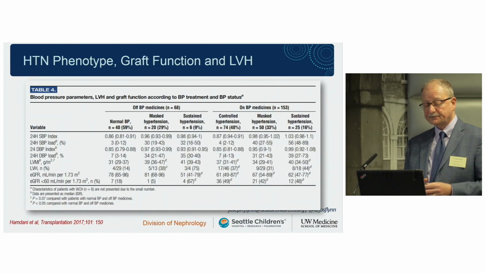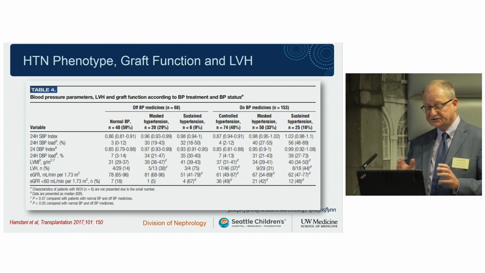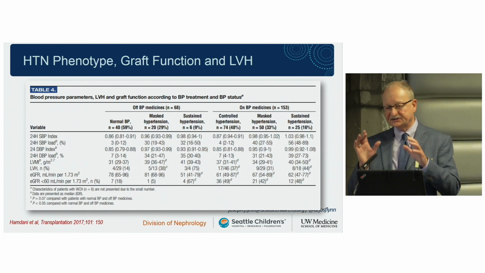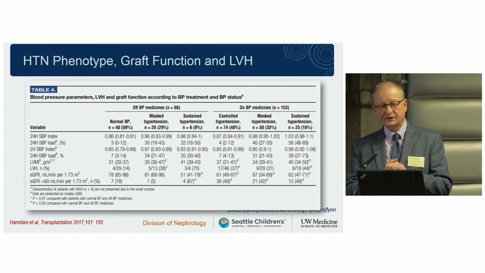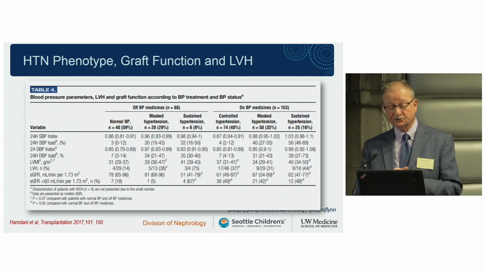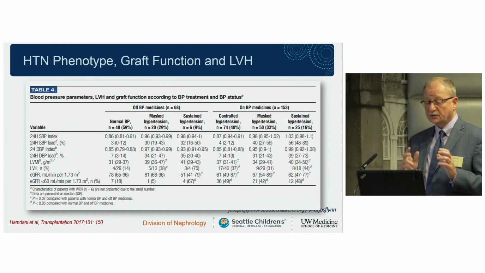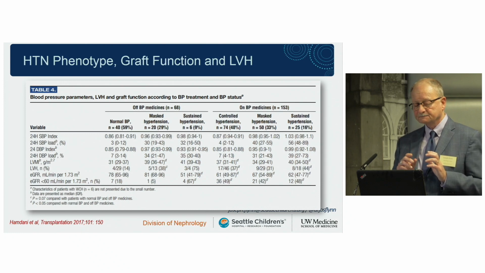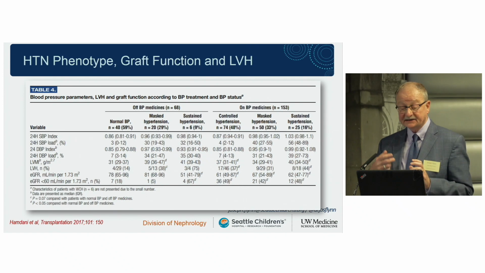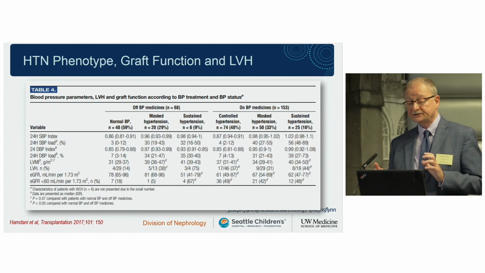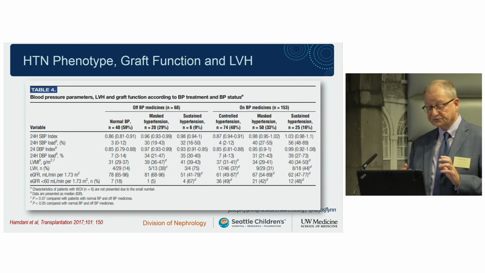Here's a more recent paper where they did look at that. This, again, is the 6-center study from the Pediatric Nephrology Research Consortium in the US, where they looked at LV hypertrophy and kidney function according to blood pressure treatment.